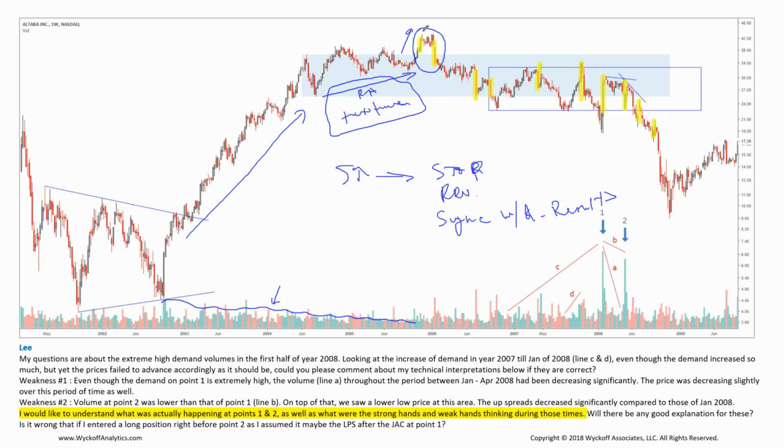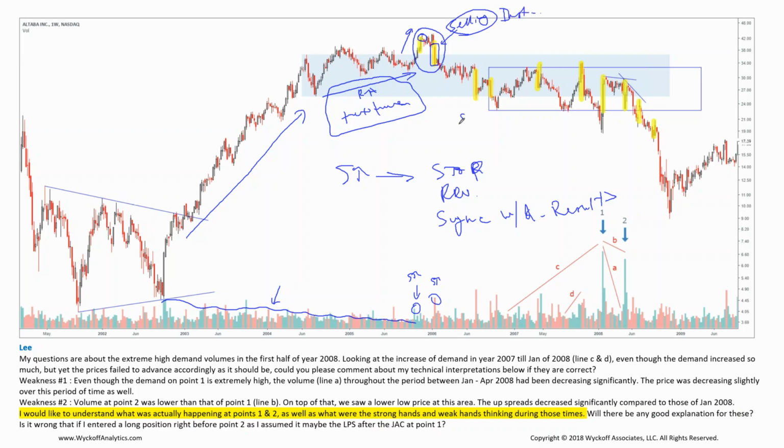Now, as it continues to the upside, this is where for the first time we're experiencing some increase of the supply. And for the first time, it's not only stopping the price from moving further up, but it actually synchronized with the result to the downside. So this is the first area of significant institutional selling that we see.